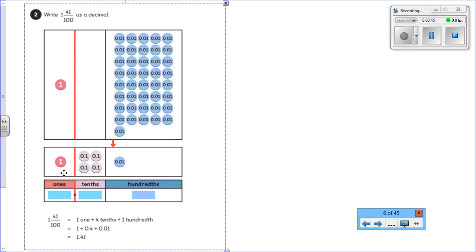So we have the number that has got 1 whole, 4 tenths and 1 hundredth. 1 add 4 tenths add 1 hundredth, which is equivalent to 1 add 0.4 add 0.01, 1.41.